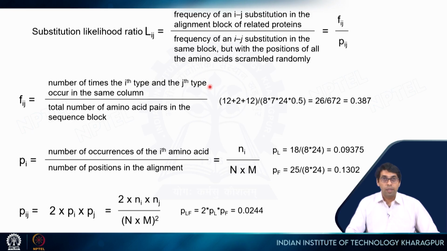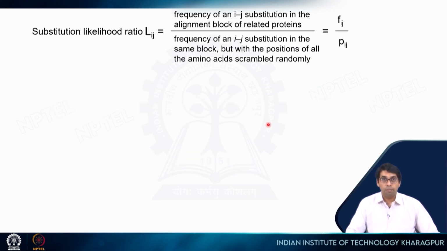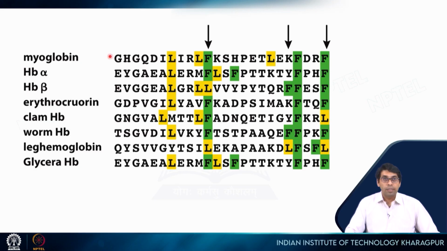That is the numerator. Now, I have to scramble the sequence. So, what are the total number of scrambled? If I do that, what are the total number of pairs that are present? The total number of pairs that are present will be, there are 8 rows and 24 columns, right.